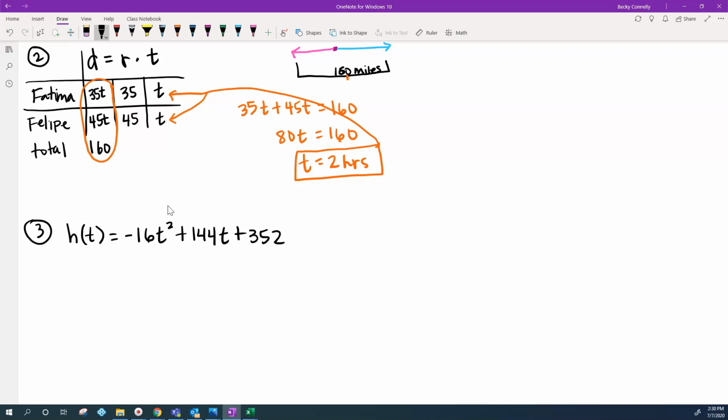Okay, so where was the confusion starting to happen, or what were you getting confused by? Can you identify that? Yeah, because it says h of t is 0, so I didn't know if I plug the 0 in for t. So notice that the question is, when will it hit the ground?